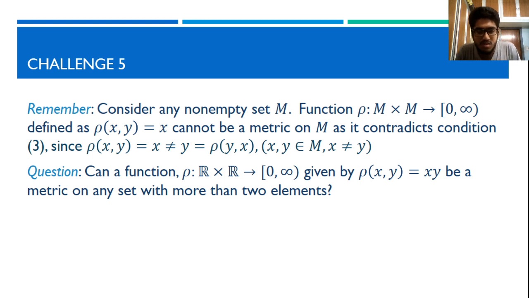Here I am asking you about rho of x comma y is equal to xy. And for simplicity, let's take M is equal to R. Leave your thoughts quickly and we will move to the next challenge.